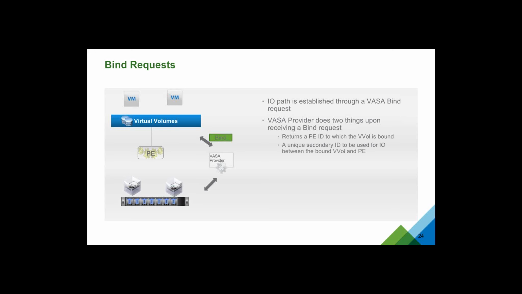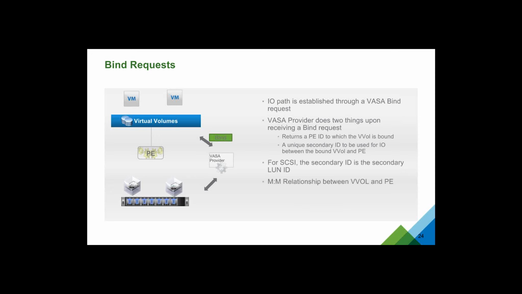The secondary ID is what's called a subsidiary LUN ID in block protocols. In NFS, it's probably just a file name. I'm sorry, I'm not as well versed on NFS defaults. And there you are, secondary LUN ID.